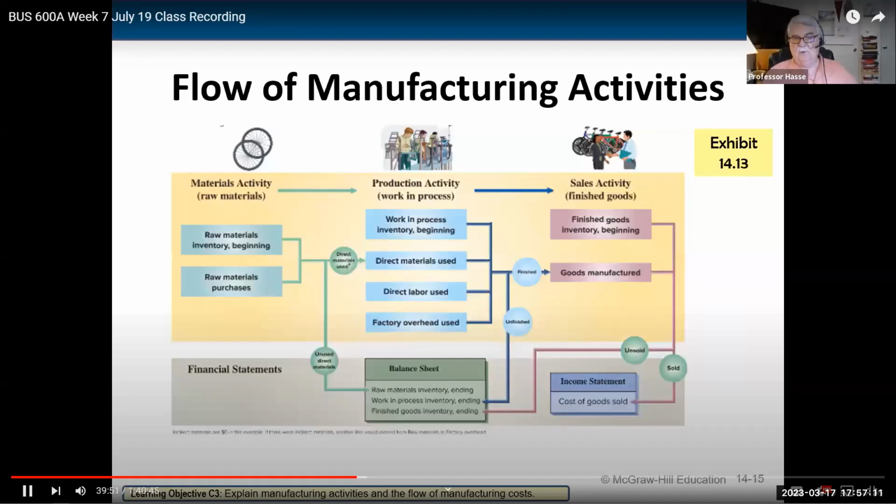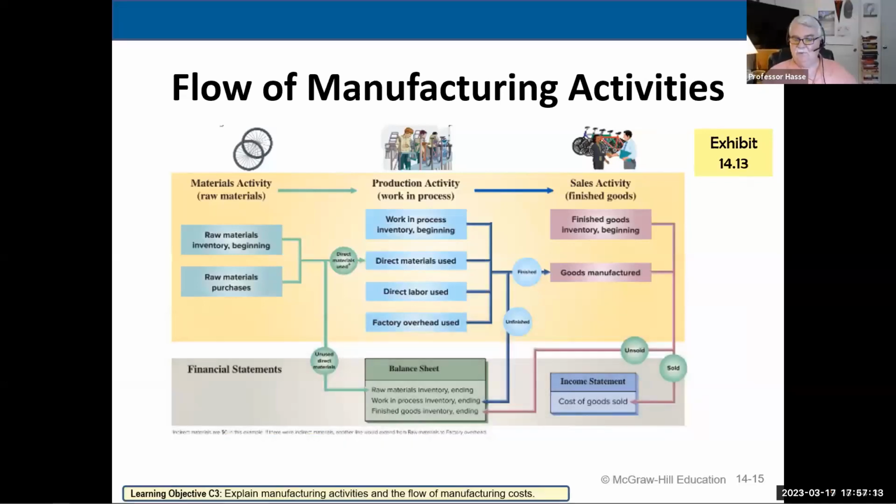Manufacturing materials go into production. Once they're produced, then they go to finished goods. Once they're sold, they become an expense on the income statement. There are people in companies whose sole job is to keep track of materials: purchasing agents, warehouse people.